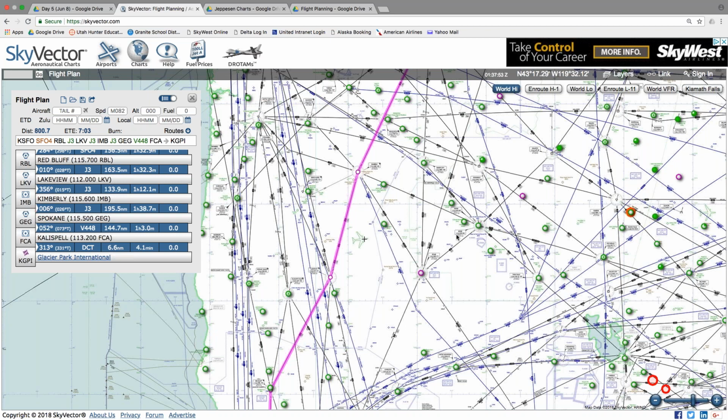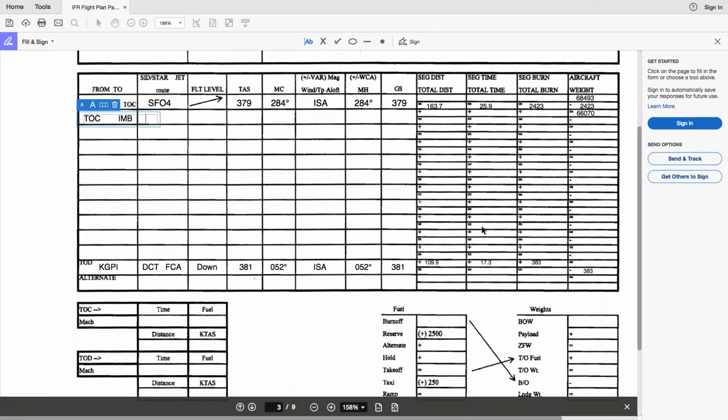This pretty much takes over 90% of our flight. So we'll just throw in J3 here. Flight level we're going to be flying at is 390. True airspeed, we're going to figure out really quick.